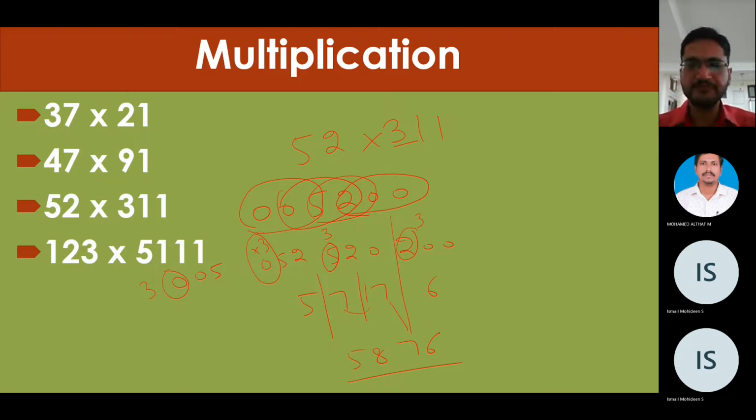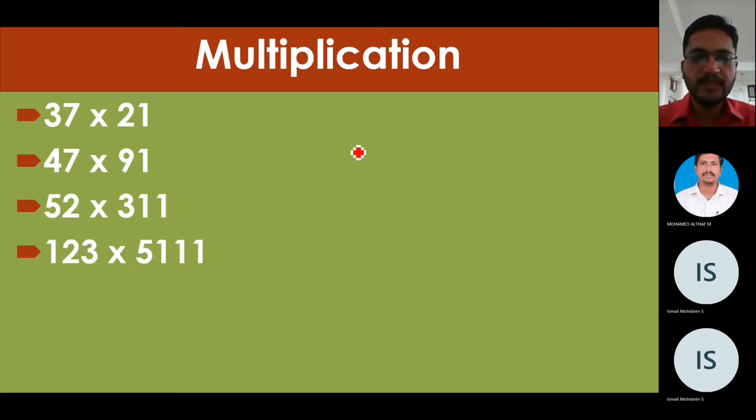Now one more example. In the last example, when we multiply 123 with 5111. Now here we have 4 digits. So we will write 3 zeros in the last and 3 zeros before the number.